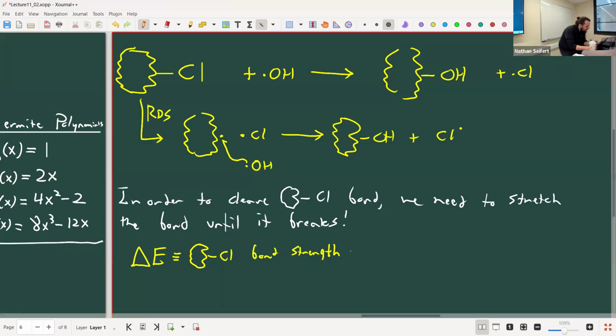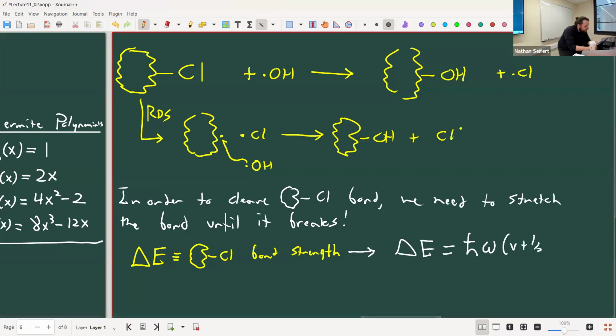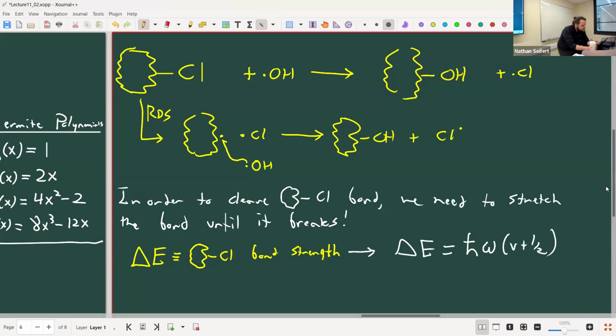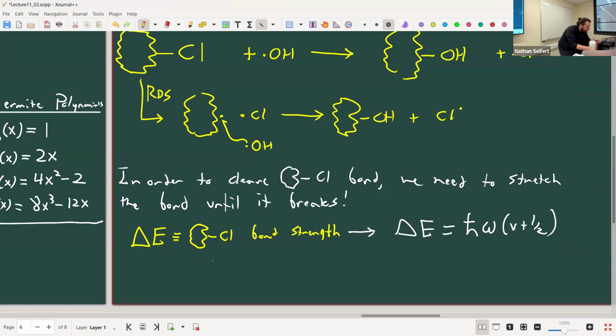All right, so what we can do is say that delta E is going to be equal to one of the allowed levels of the vibration. That's going to be h bar omega (v plus 1/2). So we could calculate the v required for reaction, which is the quantum number, and that's going to be delta E over h bar omega, minus 1/2.